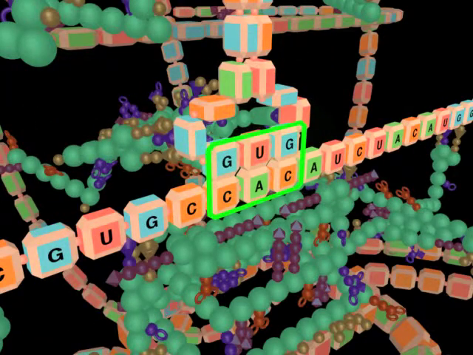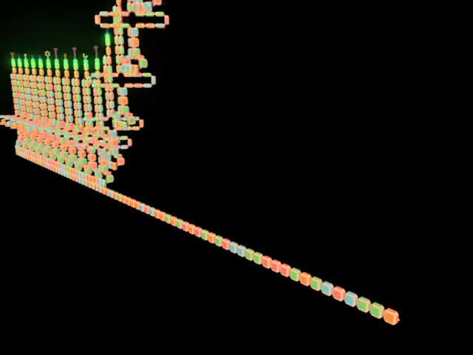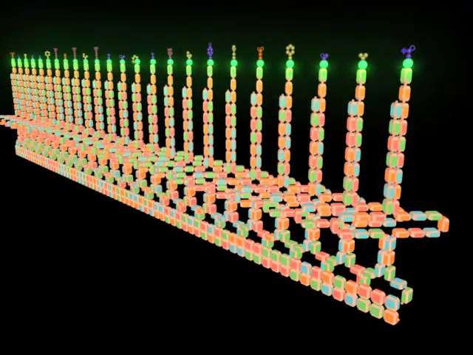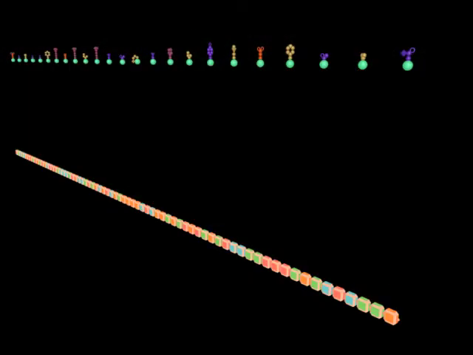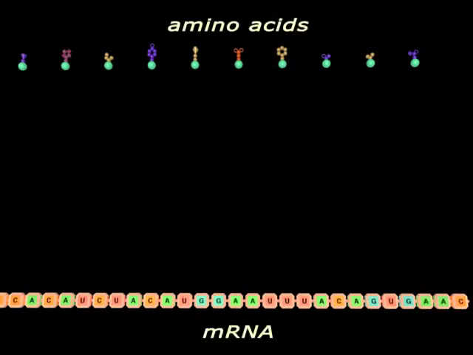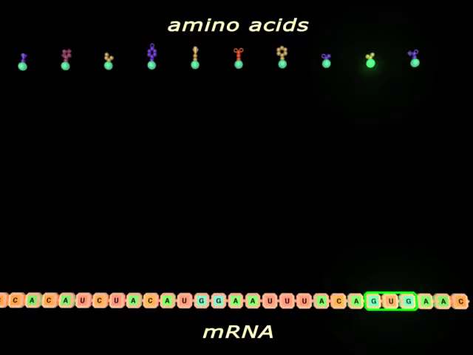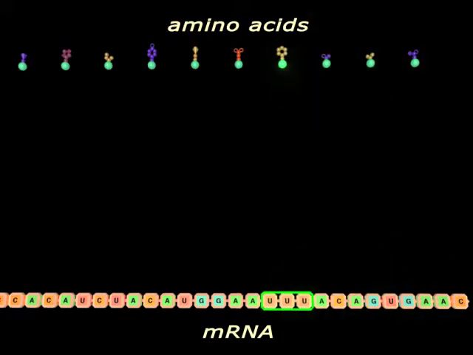But let's simplify the picture a bit to really understand what's going on. A messenger RNA, most simply defined, is a chain of nucleotides. But to tRNAs, it is a long bench of attractive codons, upon which they will stick if they possess the correct matching anticodons. If we dismiss the tRNAs for now, but leave their amino acids in view, we see that each 3-letter mRNA codon can be read as an amino acid.